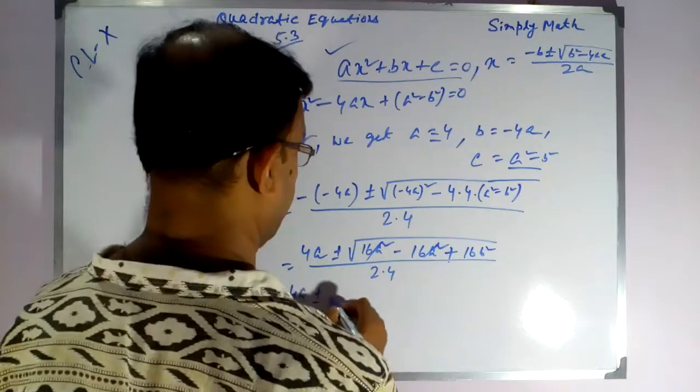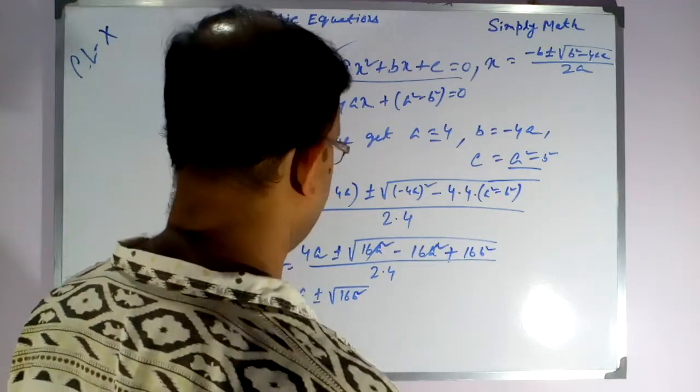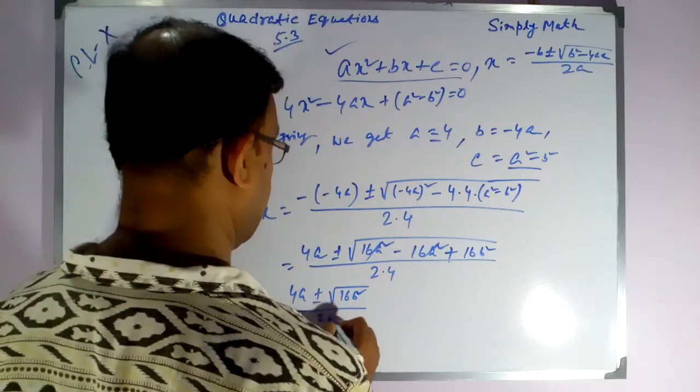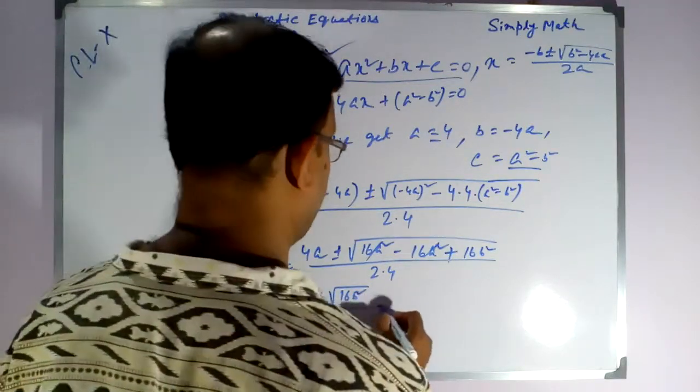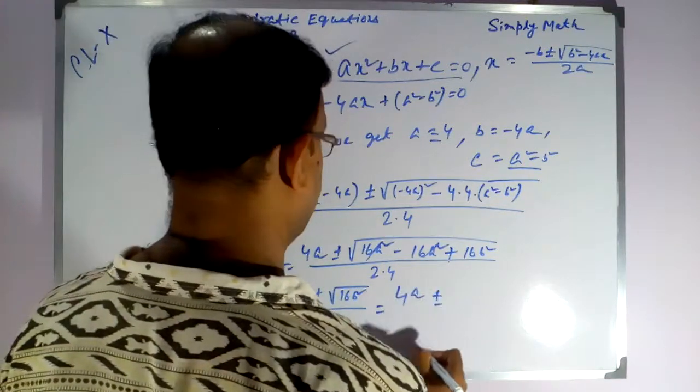There. 16b square by 2 into 4. Then up to 4a plus minus.